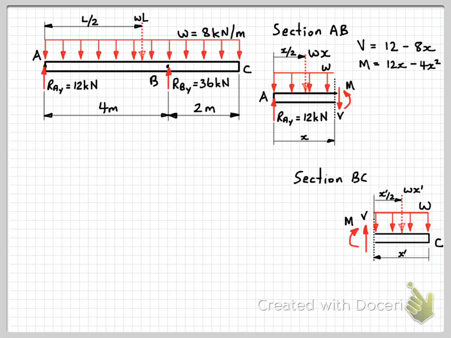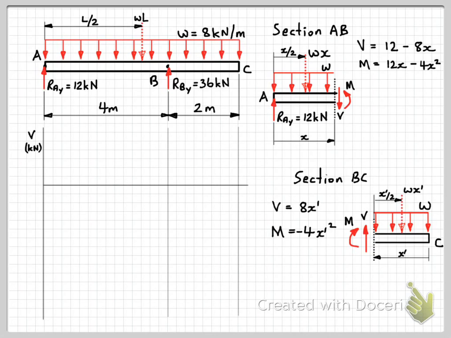And for section BC, where we came from the right hand side and we used x dash, we have the shear force equals 8 times x dash, and the bending moment equation was minus 4x dash squared. Okay, so to draw our diagram, let's draw up some axes. On the vertical axis, we have the internal shear force, so we'll do that one first.